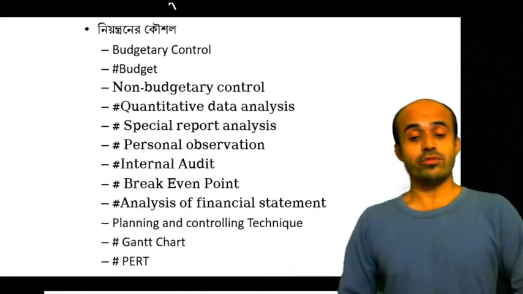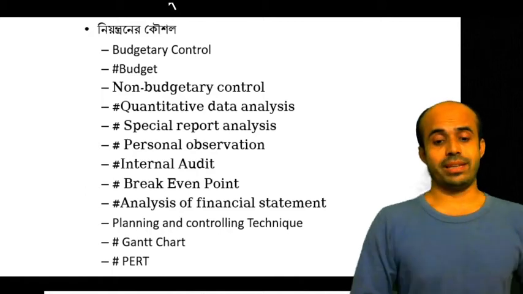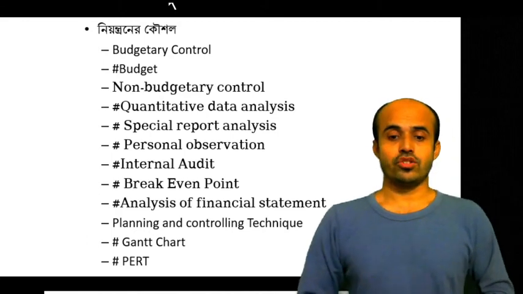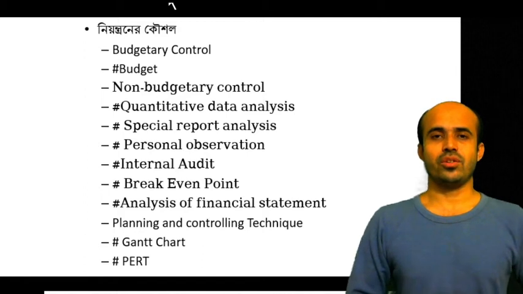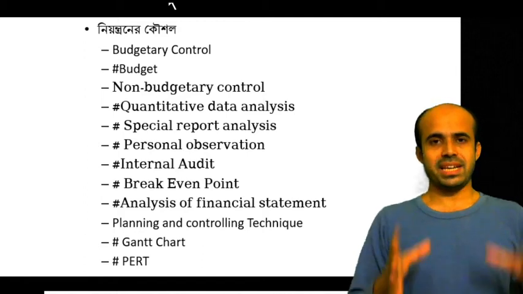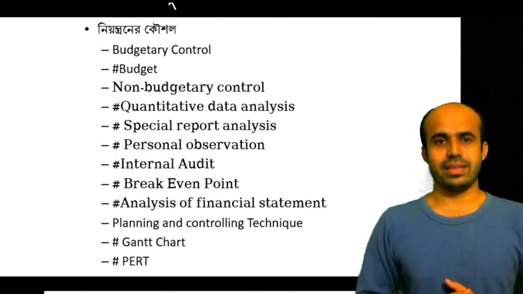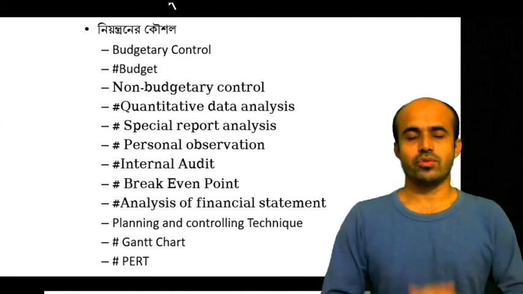According to planning and controlling techniques, there are two types: one is the Gantt chart and another is PERT. So what is a Gantt chart? A Gantt chart is a chart presented to finish a work with its sub-works. To complete a work, there are so many sub-works.